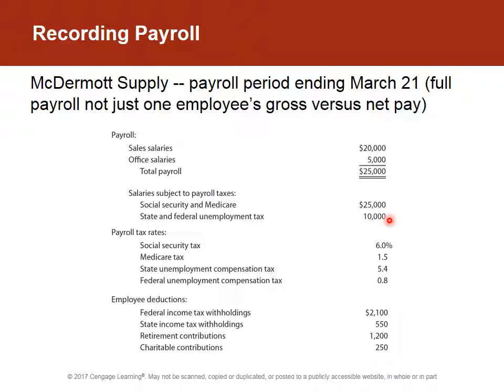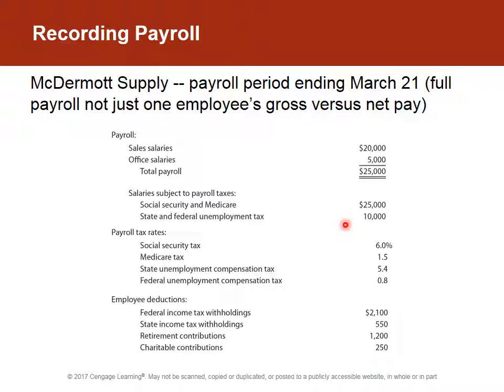So let me make a quick pause here. As we talked about in Part 1, the employer has to pay the unemployment tax for both state and federal, but it's not paid on full payroll, only on parts. And this rate that the employer pays is based on how frequently they lay off employees.